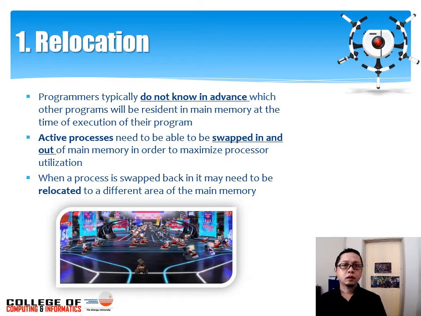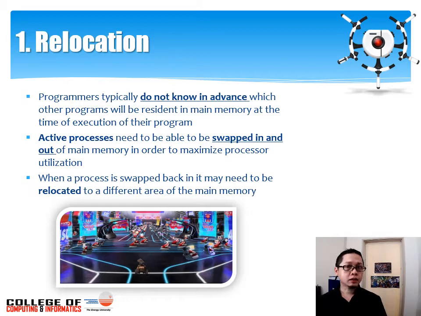In order to have this seamless transition or swapping of location, the OS must be able to do the relocation of the process segments and pages into this location whenever it is needed to do so.